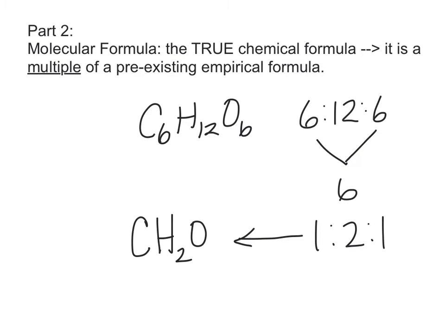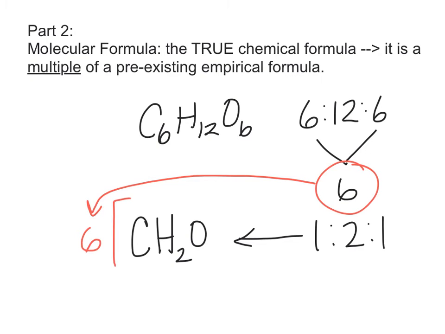CH2O. If I take this and I multiply it by my 6, guess what? I'm going to get back to glucose, C6H12O6. The reason is because my 6 will distribute.